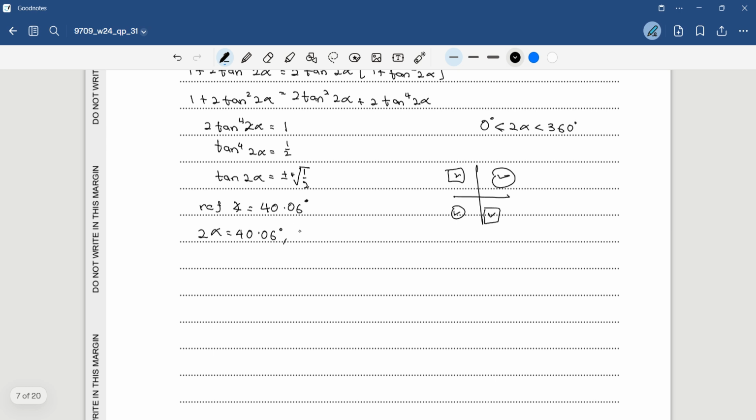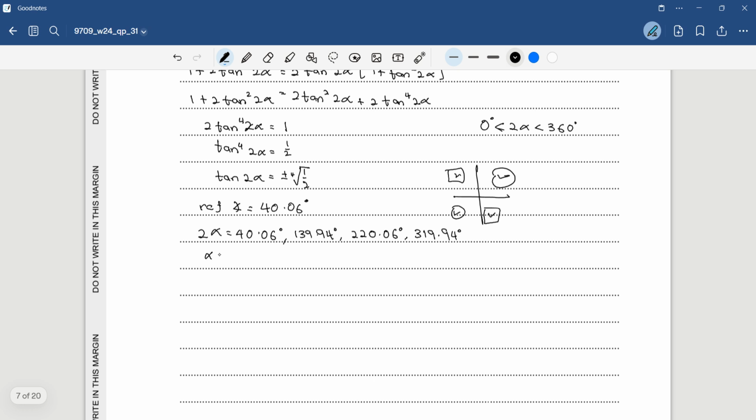For the second quadrant it will be 180 minus 40.06, which is 139.94 degrees. For the third quadrant it will be 180 plus 40.06, which is 220.06 degrees. And the fourth quadrant will be 360 minus 40.06, which is 319.94 degrees.